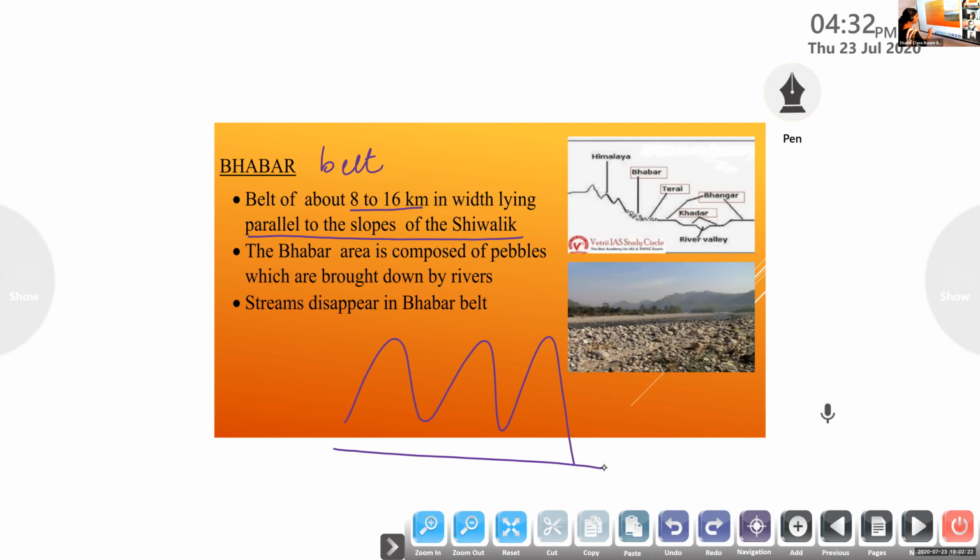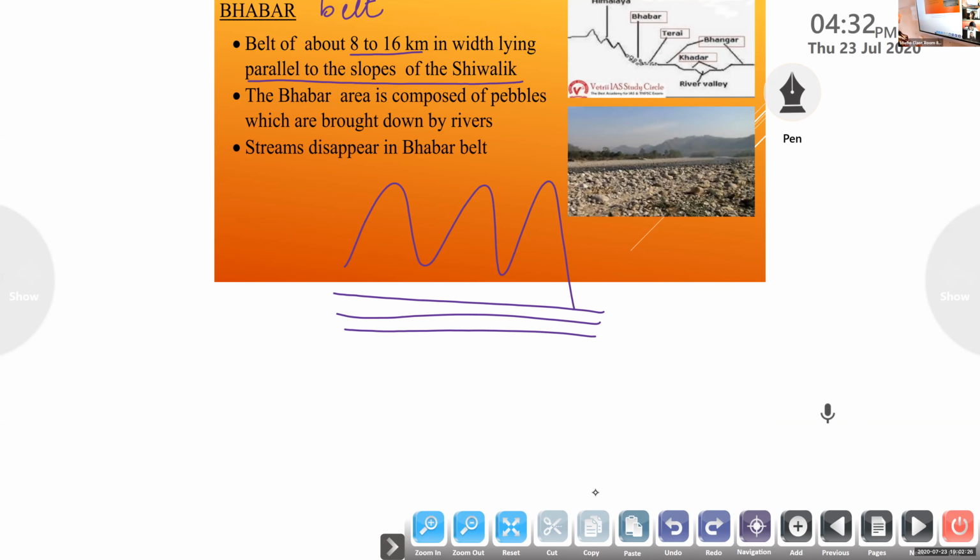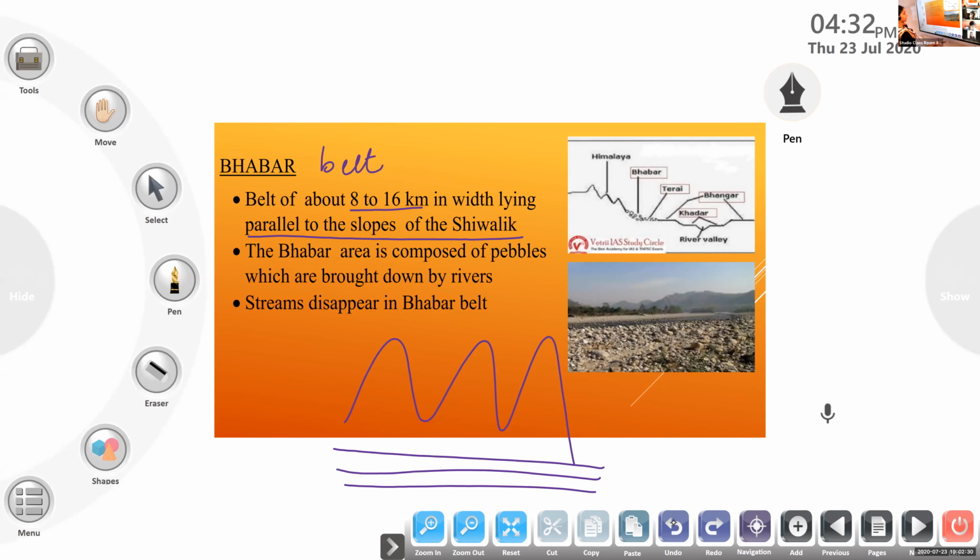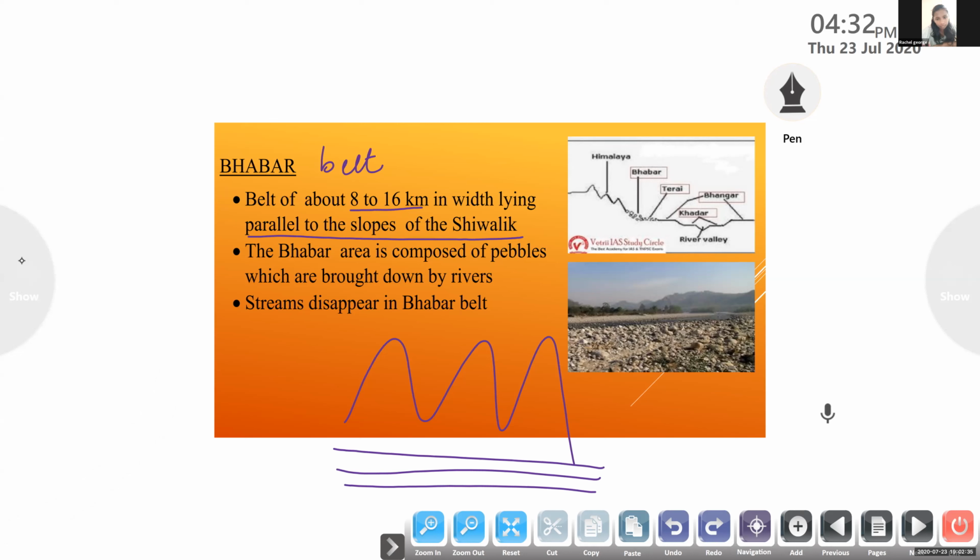Just parallel to the Shivalik mountain range, we have the Bhabar belt. Is it clear?